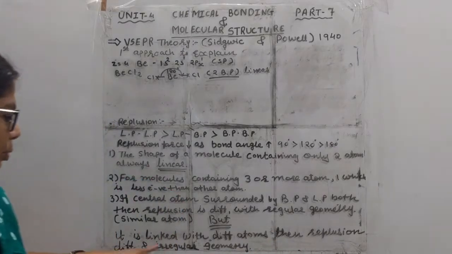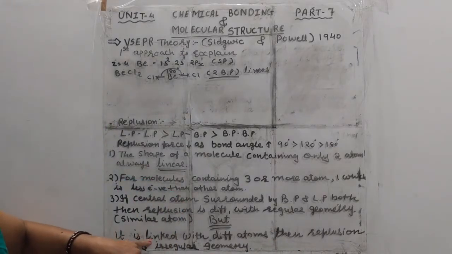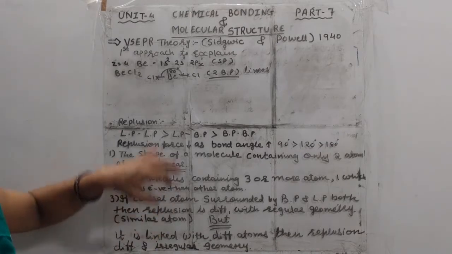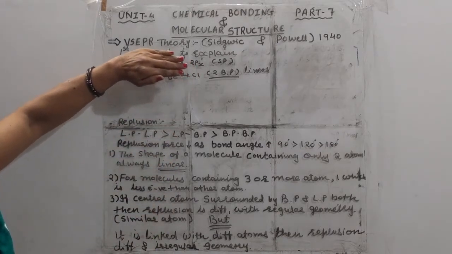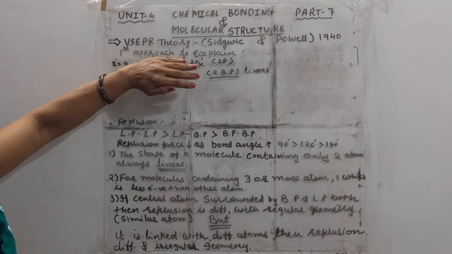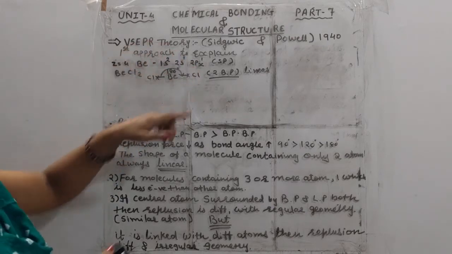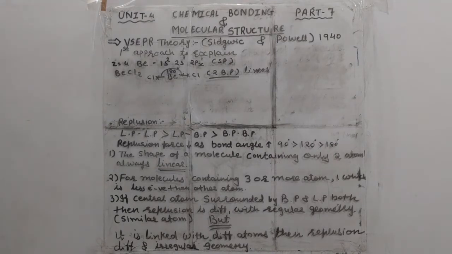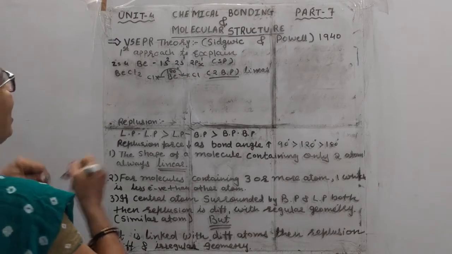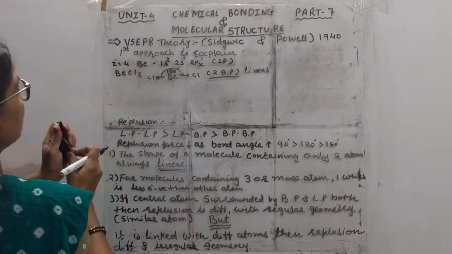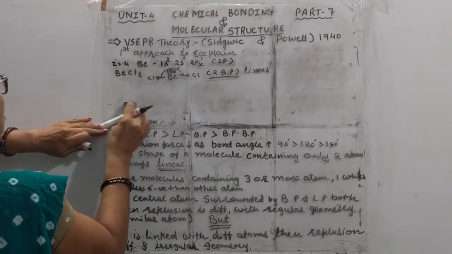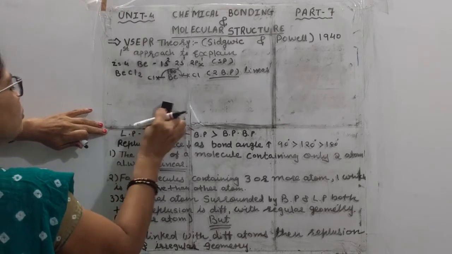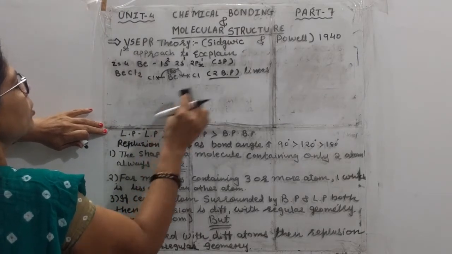So this is the main point to keep in our mind to draw the geometry of the VSEPR theory. Now this is the one example I have taken, that is for the two bond pair. Now we'll go with one more example, and here we take the example BF3. BF3 we have taken the last time also.